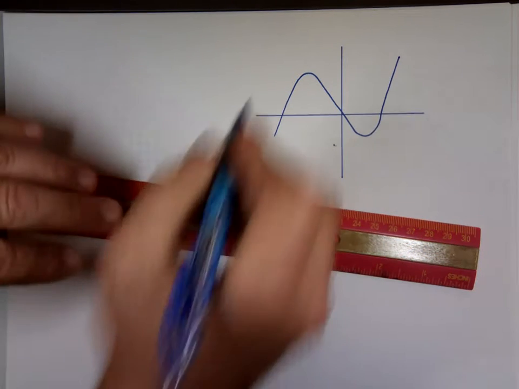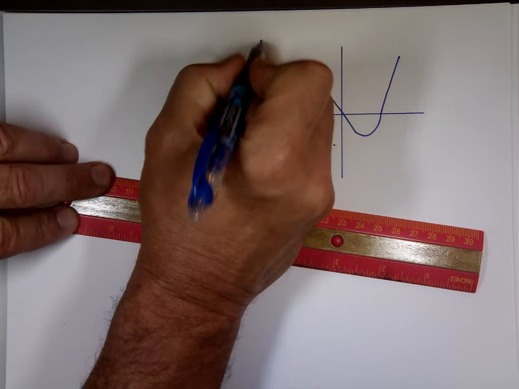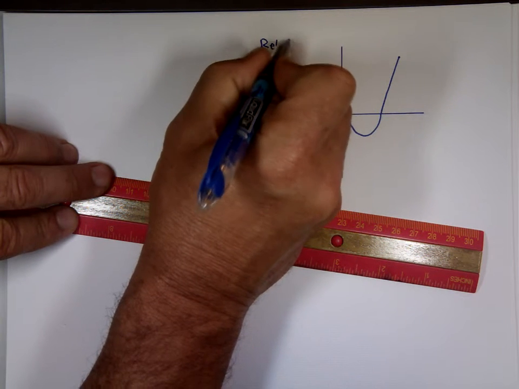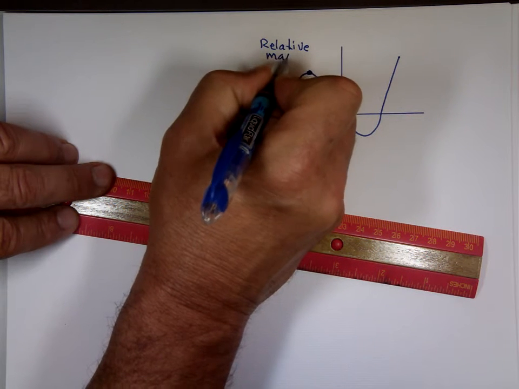This point is known as what? Relative maximum. Why?